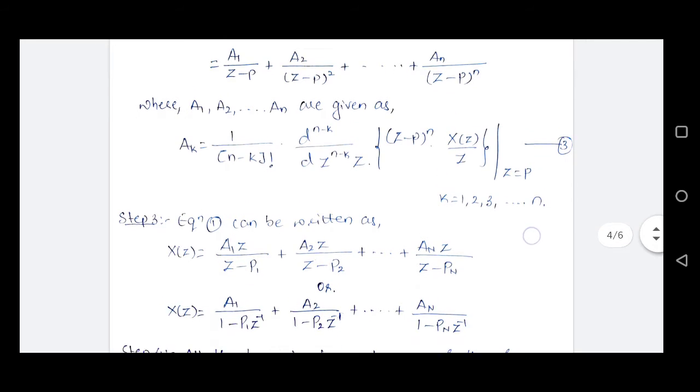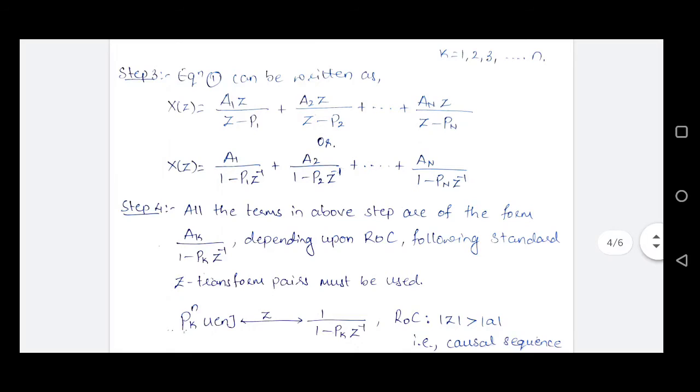After obtaining the residues, we'll rearrange the z transform in equation 1 as X(z) equals A1 z divided by z minus p1 plus A2 z divided by z minus p2, and so on till the last value. Or, to express the z transform in negative powers of z, we can rearrange the above equation as A1 divided by 1 minus p1 z inverse plus A2 divided by 1 minus p2 z inverse, up to the last value A_n divided by 1 minus p_n z inverse.